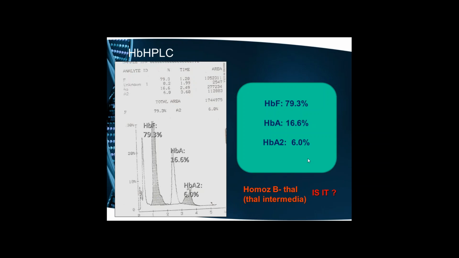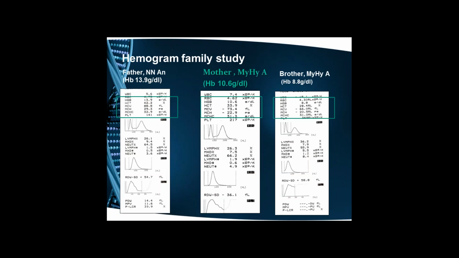What we get here shows HbF very high at 80%, HbA at 16%, and HbA2 at 6%. So we are still in a dilemma whether it's beta thalassemia with a recent transfusion.